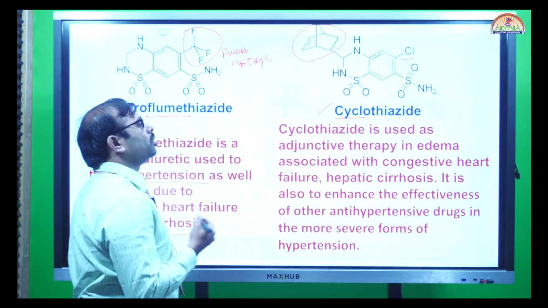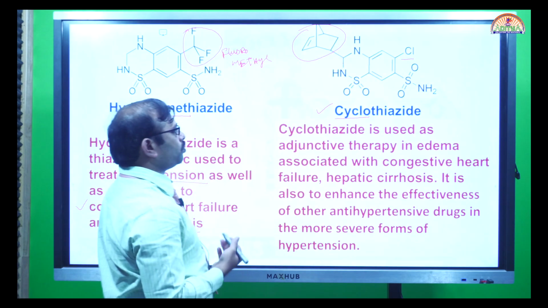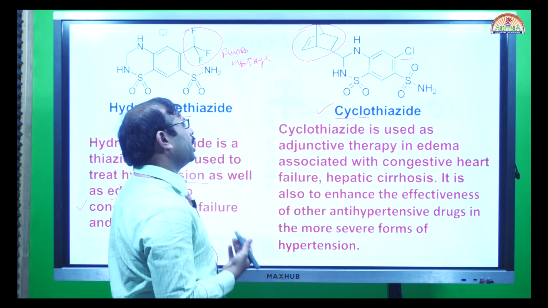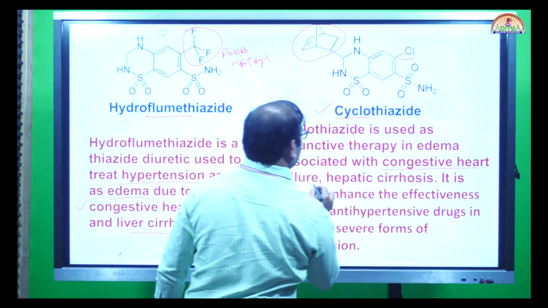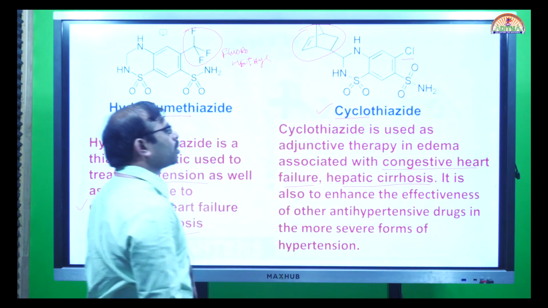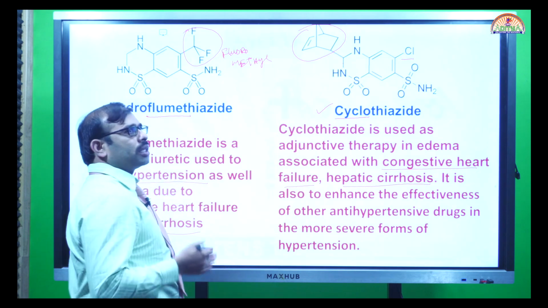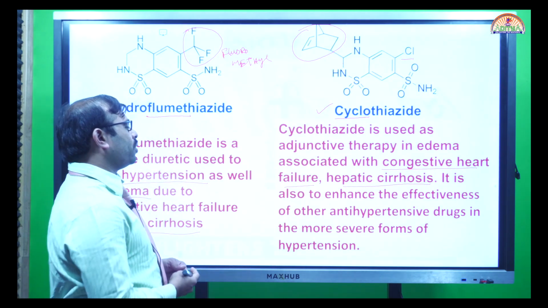So cyclothiazide is used as injective therapy in the edema associated with congestive heart failure, CHF. Hepatic cirrhosis can also be treated using cyclothiazide. It also enhances the effectiveness of other antihypertensive drugs in the more severe form of hypertension.